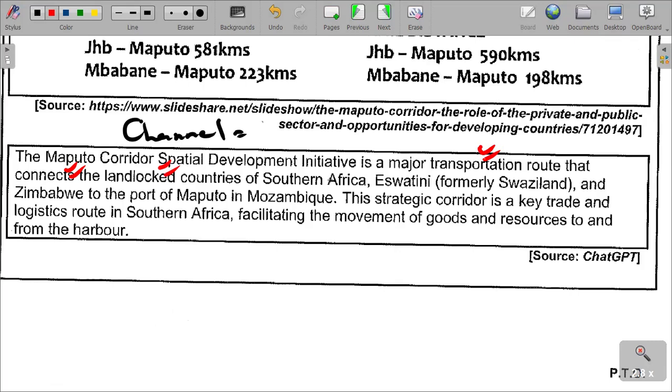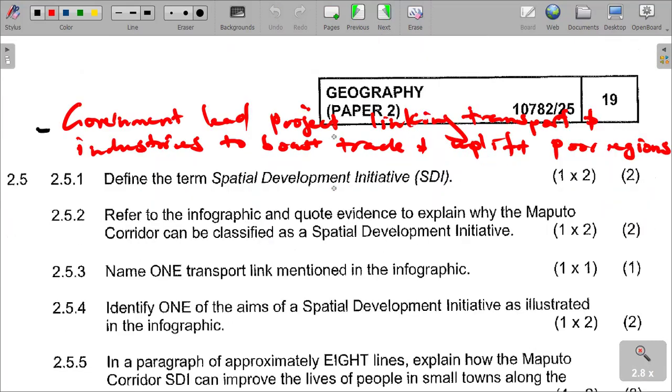It is a strategic corridor, a key trade and logistic route, which is the purpose and function of a spatial development initiative.